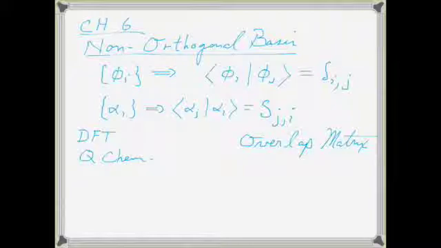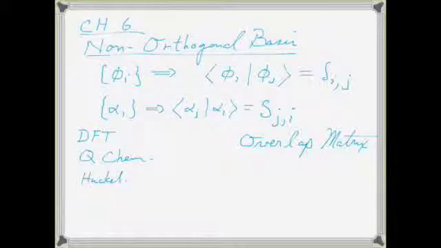And say if you're using a Huckel Hamiltonian, that's a non-orthogonal basis set. So all these use non-orthogonal basis sets, so it's good to have some understanding of what changes when you're dealing with a non-orthogonal basis set.